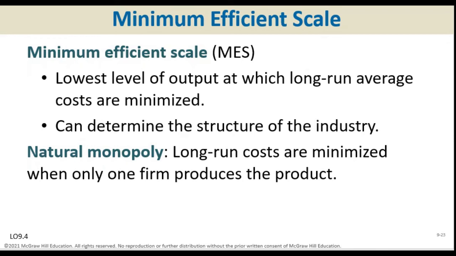And natural monopoly is one of those extreme, rare situations when economy of scale extends beyond the market size. Therefore, it becomes more beneficial for one large firm to produce the output, and that large firm can produce the output more efficiently and cheaper than multiple firms on the market.